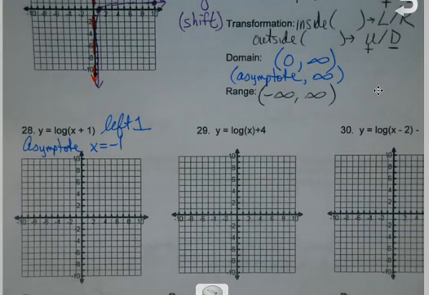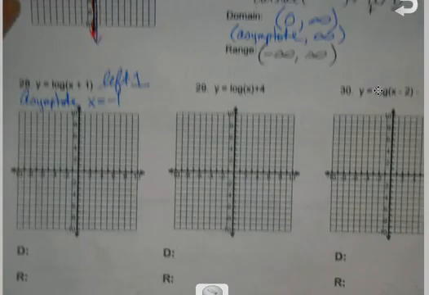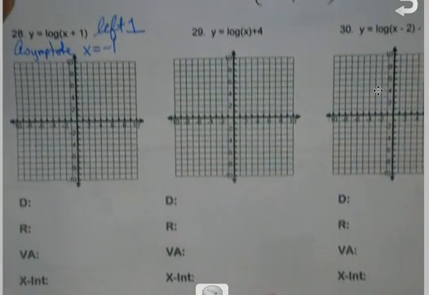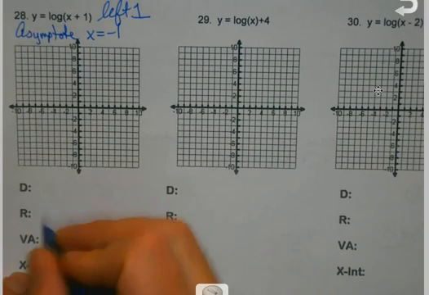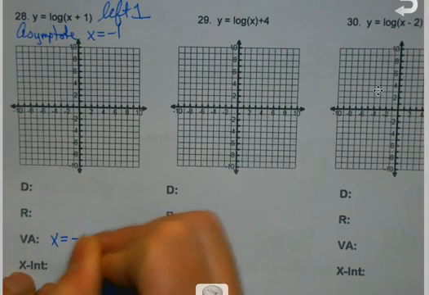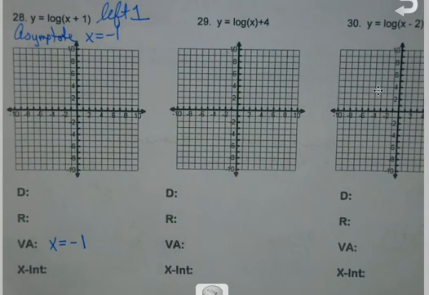Vertical asymptote. Yep. So I guess I could have written that down here instead of writing it up top, but that's okay. So my vertical asymptote is that x equals -1. And yes, I need the x equals, because that tells someone who is mathematically knowledgeable that it's an up and down asymptote that we're looking at.